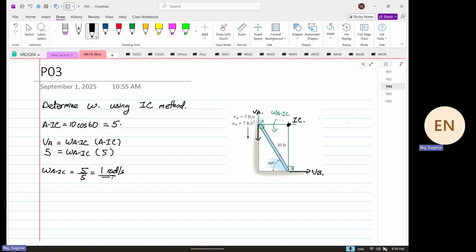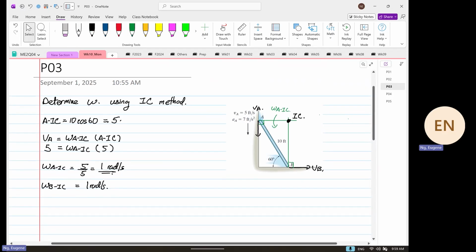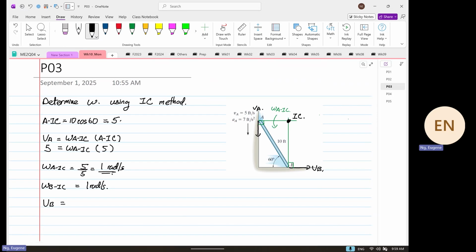So we also know that omega_BIC is also equal to 1 radian per second. We don't actually need this value, but if we are curious, velocity at point B is equal to 1 multiplied by B to IC.